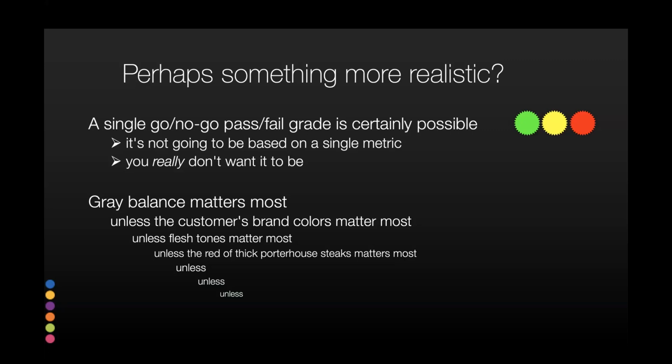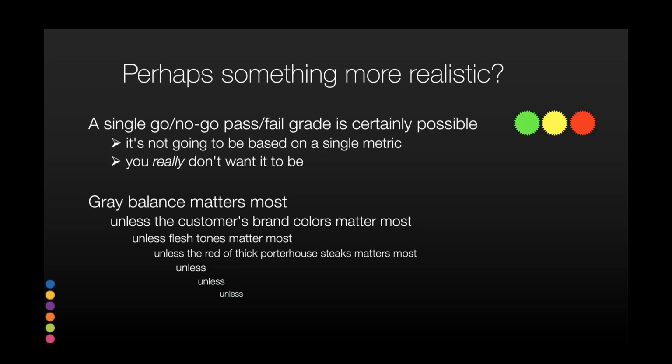We get involved in G7 and near neutral calibration a lot in the industry, and that helps in a big way make print stable. So you'd think that matters the most, but it matters the most until you realize the customer's brand colors are more important, or flesh tones. And there really are a lot of challenges involved in balancing the needs.